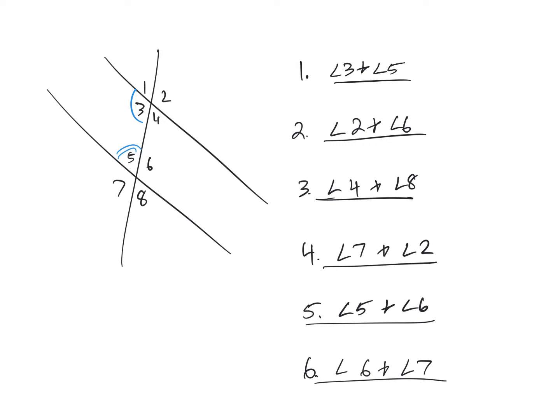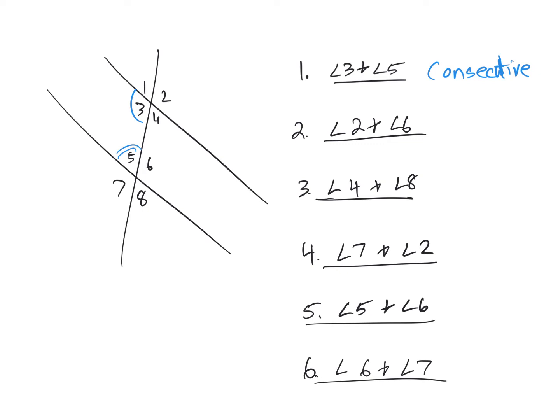So in this setting, the only answer that it could be is the one that adds up to 180. If you have an acute angle and an obtuse angle, it adds up to 180, if you have parallel lines, and that's what we're really talking about. So that means consecutive, and consecutive is the only possibility for supplementary angles, acute and obtuse.